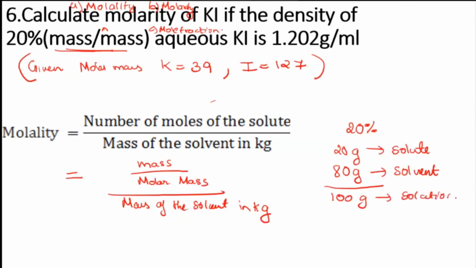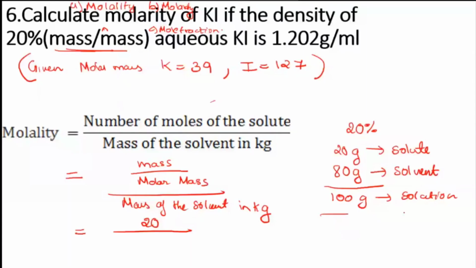So we can write mass of the solute as 20. No, I can write this as 20 divided by molar mass, which will be how much? That you need to calculate. No? And only 2 elements are there in this compound, potassium iodide. I'll do it here on the other side. You see here, molar mass. How much is it?